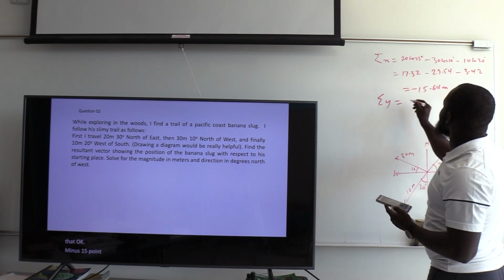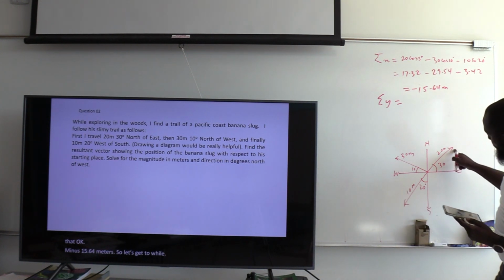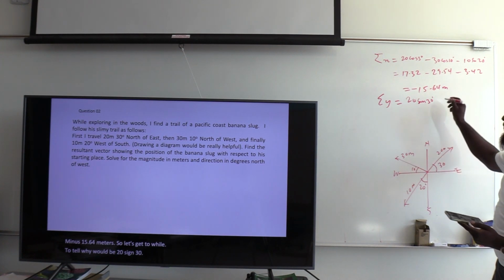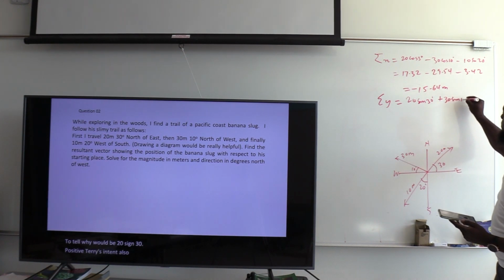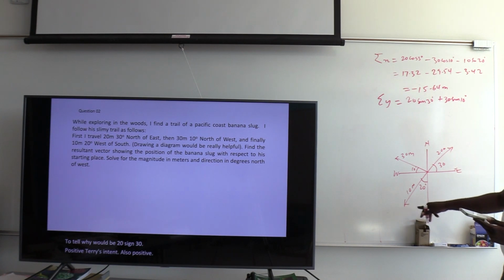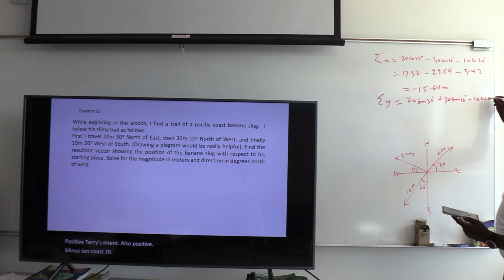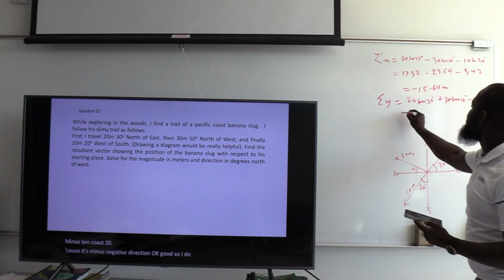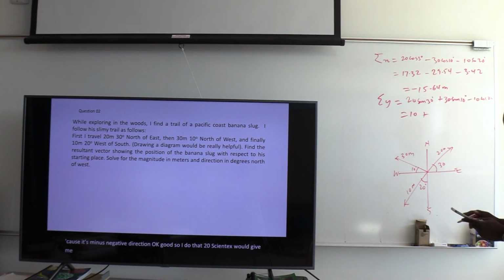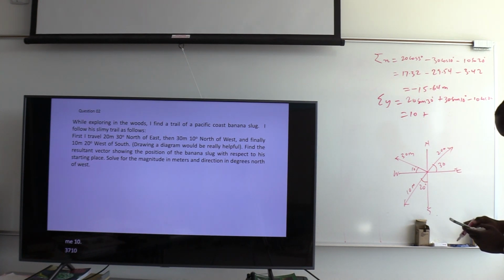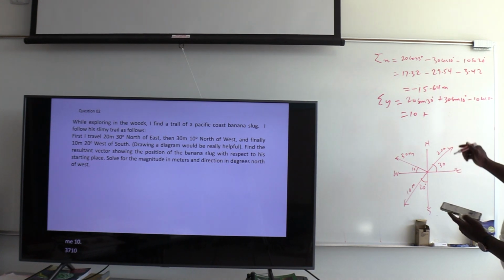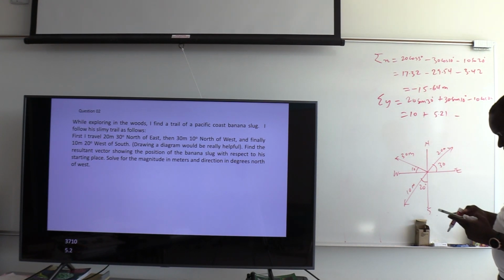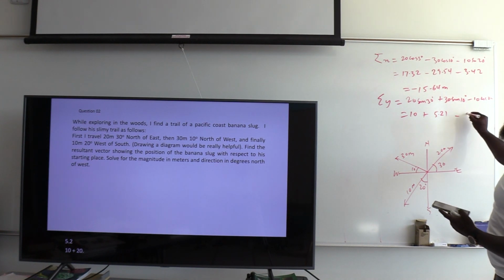So let's get total y. Total y will be 20 sine 30, positive. 30 sine 10, also positive. Then minus 10 cos 20, because it's the negative direction. Okay? Good. So I do that. 20 sine 30 will give me 10. 30 sine 10 is 5.2. 10 cos 20 is 9.4.